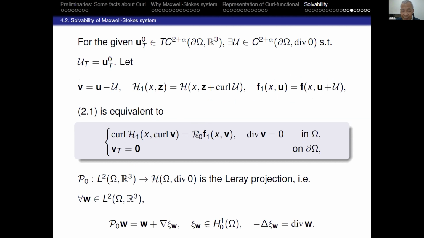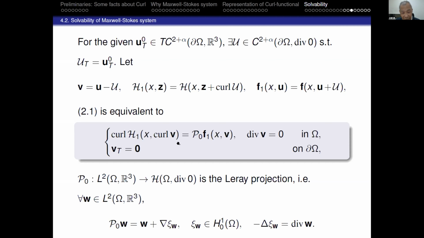And you write the right side as a projection, and this is actually the Rayleigh projection because you choose phi such that F plus gradient phi has divergence equal 0, and phi has 0 boundary data. So it is actually the Rayleigh projection.